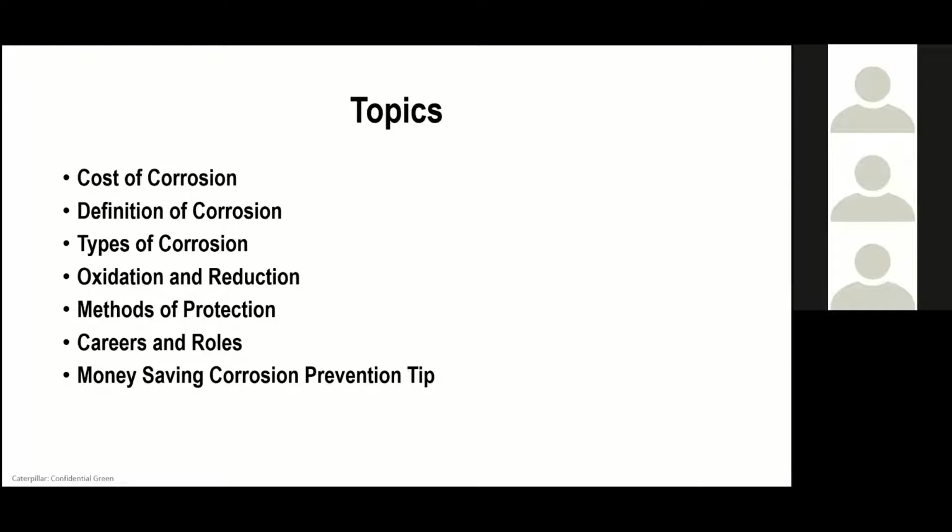We'll talk about some methods of protection. And I want to explain the different types of careers and roles of people, really just about 3 or 4 roles that we actually work with. And then I'm going to end with a money-saving corrosion prevention tip for homeowners.